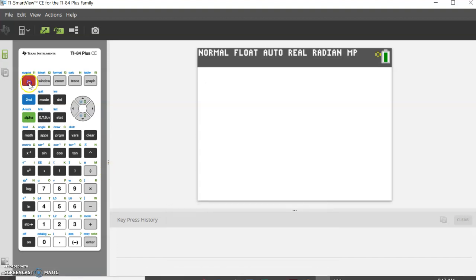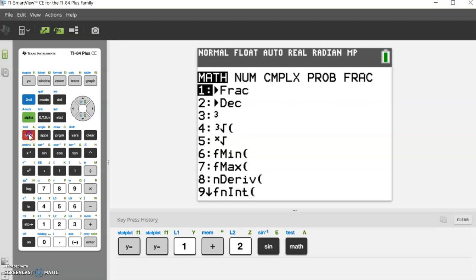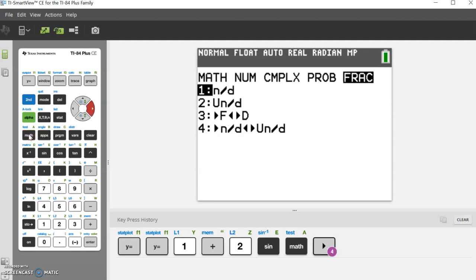The first thing I'm going to do is type my equation in. I've got 1 plus 2 times the sine of a fraction. To get to the fraction, there are two ways I can get there. One is math, and then the fraction menu. So I'm just going to arrow over till I get there, and number 1.